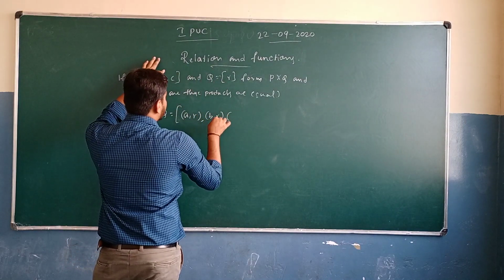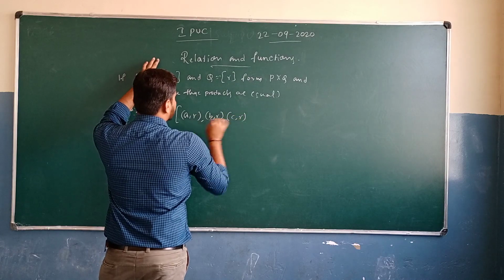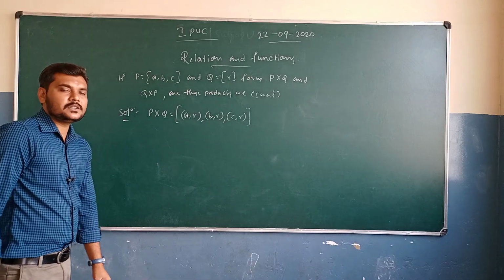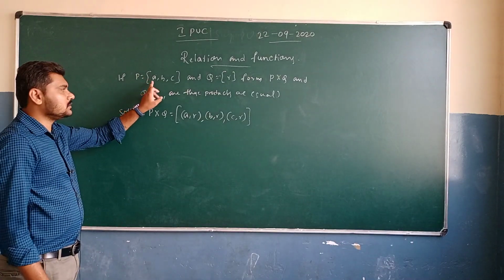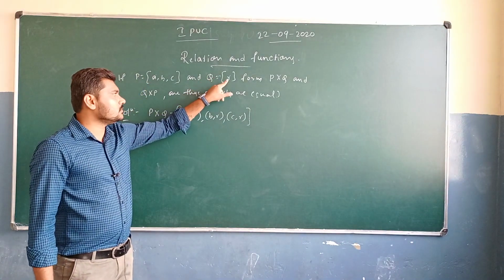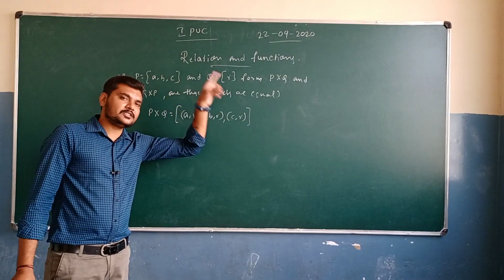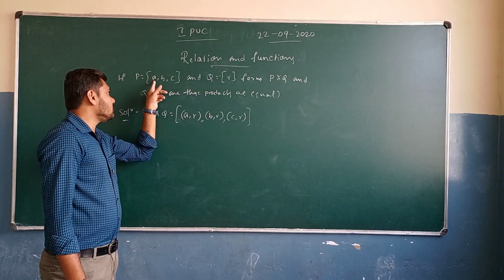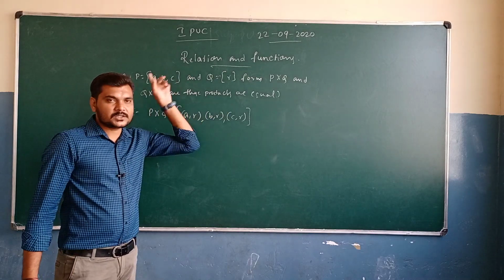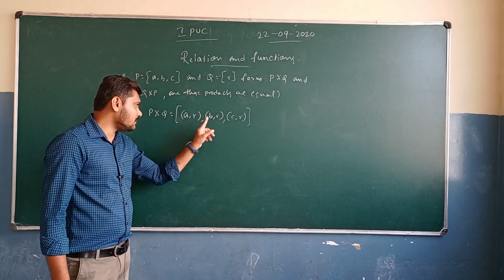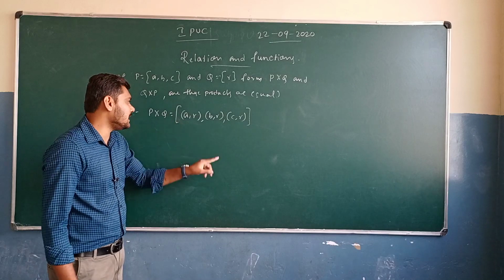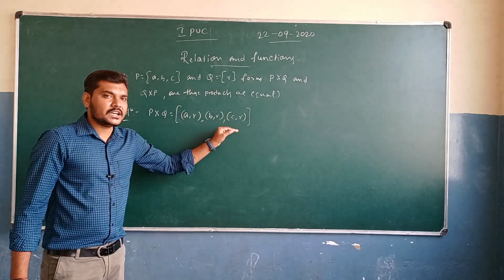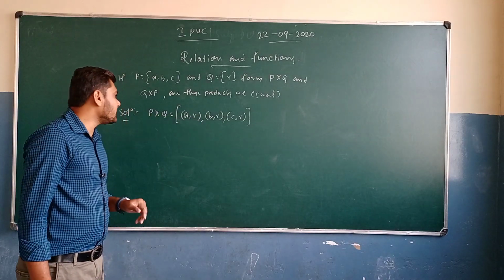The third element is (C, R). Only these three elements are present, because n(P) is three elements and n(Q) is one element, so n(P cross Q) is 3 into 1, that is 3. So here we get (A, R), (B, R), (C, R). That is P cross Q.